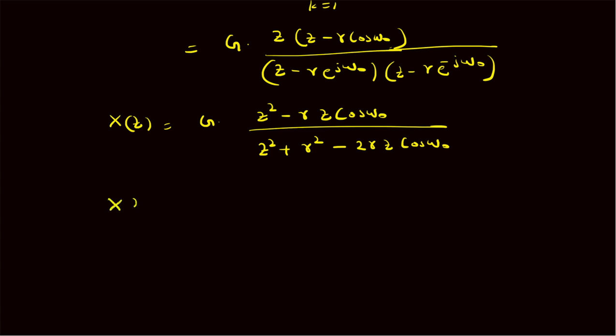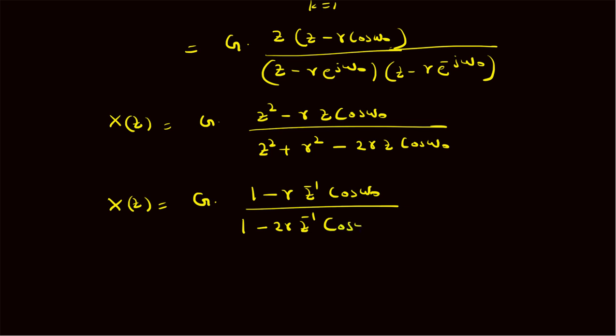Dividing both numerator and denominator by z square, X of z equals G times 1 minus r z inverse cos omega naught over 1 minus 2 r z inverse cos omega naught plus r square z power minus 2. So this is the rational Z transform with polynomials in z inverse.